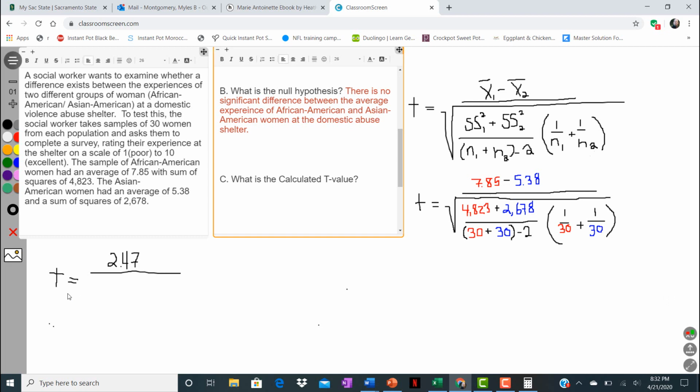Now we've got to come down and get all of our numbers calculated and processed so we can find the calculated t-score, and we'll do that momentarily. Okay, let's get some of the heavier stuff out of the way first.